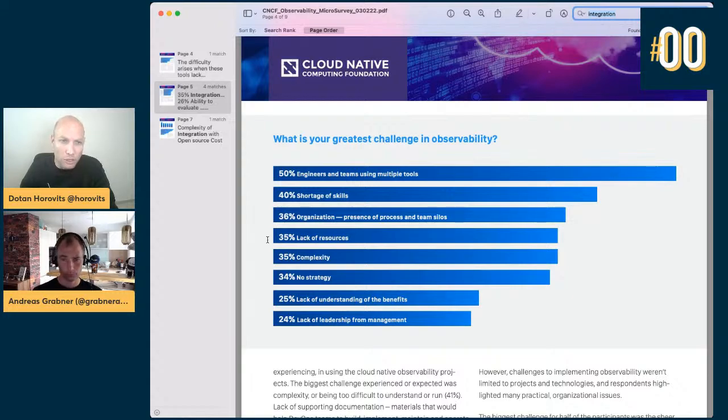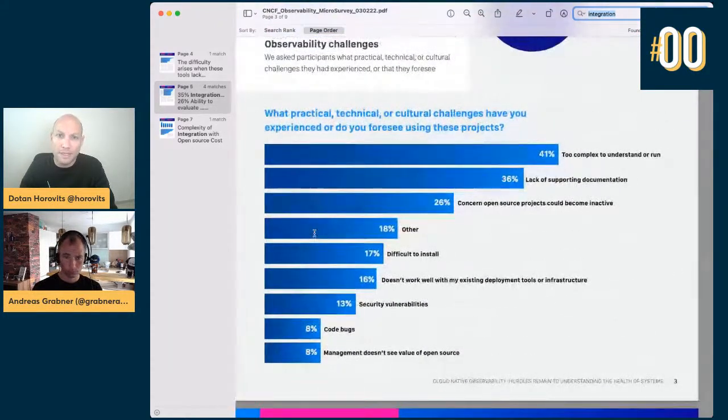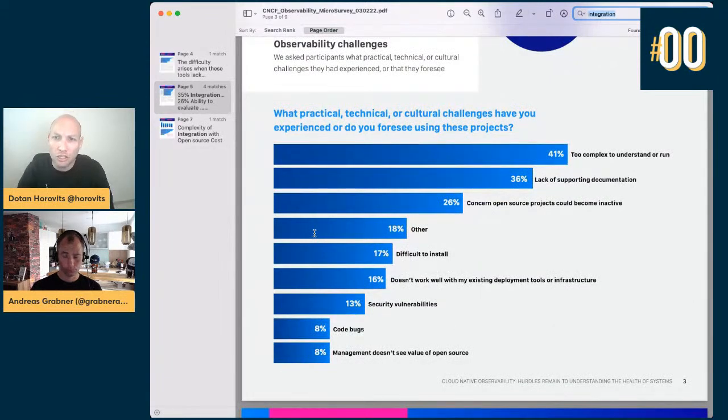And another one we talked about before, about the projects themselves and what challenges people have with the projects themselves. We see number one is the complexity, just plain too complex to understand or run. Which is still a challenge. All the projects, I think, are facing that. I see that in OpenTelemetry.